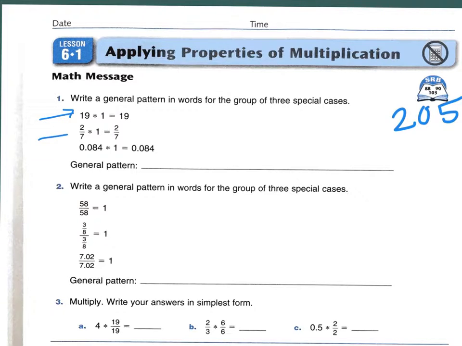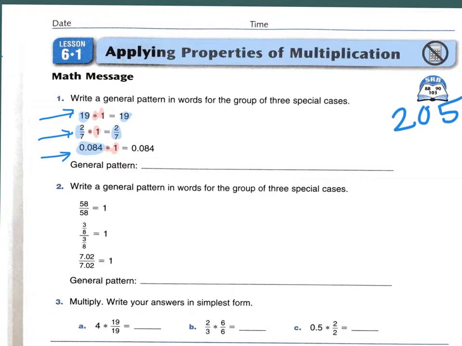It's a real example. You can see we have three of them here. And if we look for the similarities in these, we can see that all of them take a number and multiply it by 1. So all of them are multiplying as well. And all of them, the number that they started with is the number that they end with.